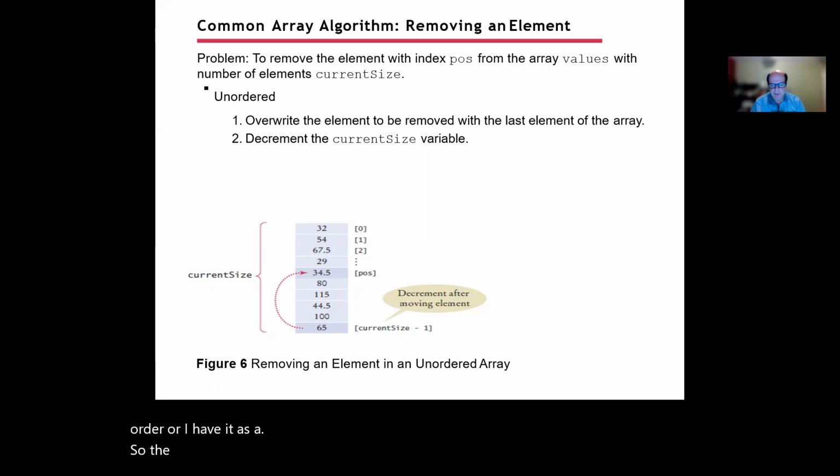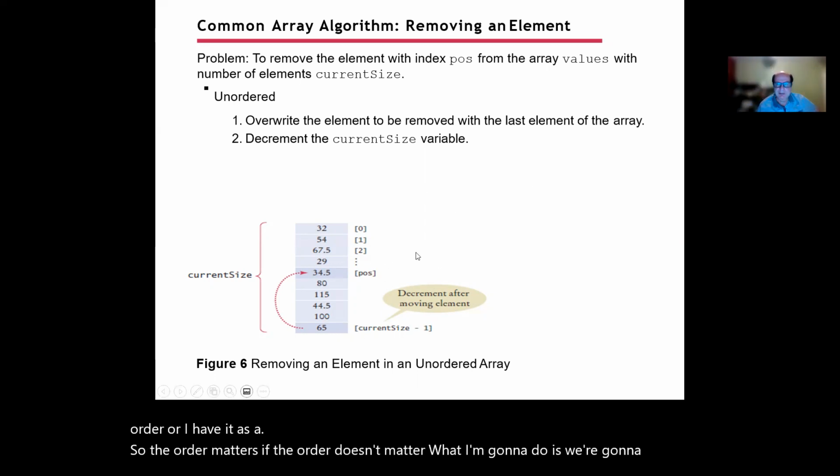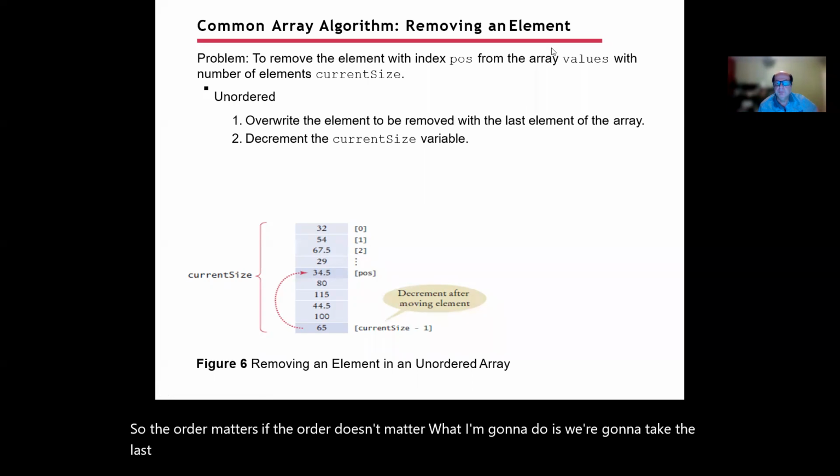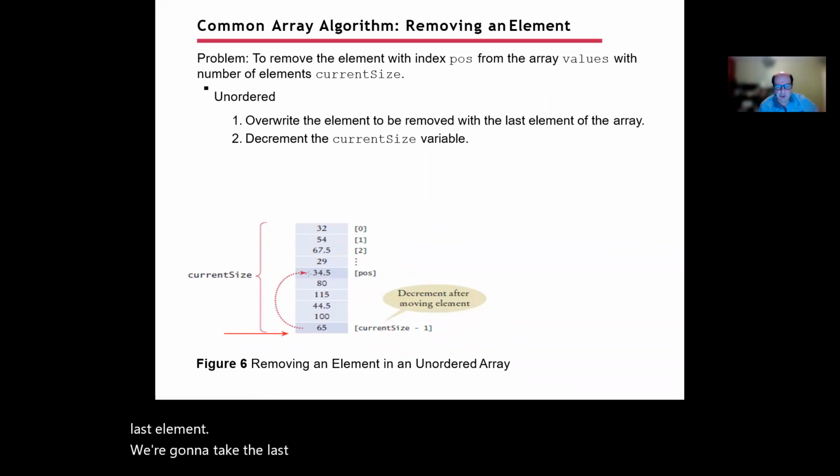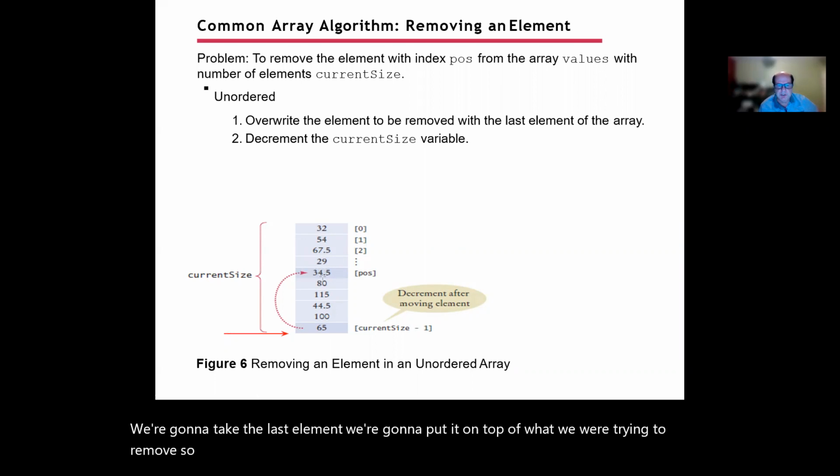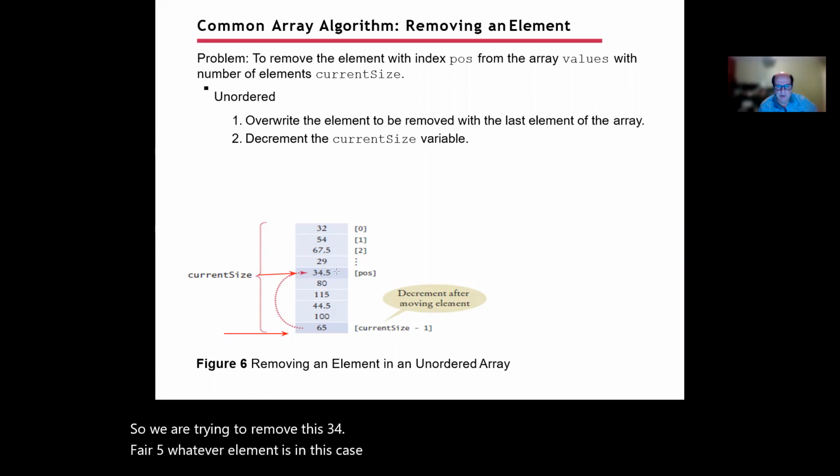If the order doesn't matter, what we're going to do is take the last element and put it on top of what we are trying to remove. So we are trying to remove this 34.5, whatever the element is. In this case, 0, 1, 2, 3, 4, so we want to delete index 4.